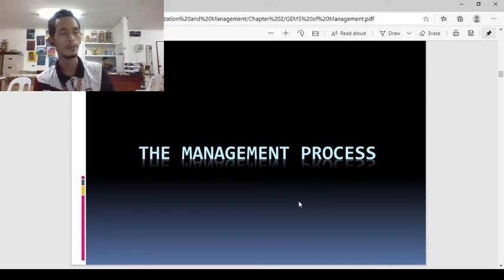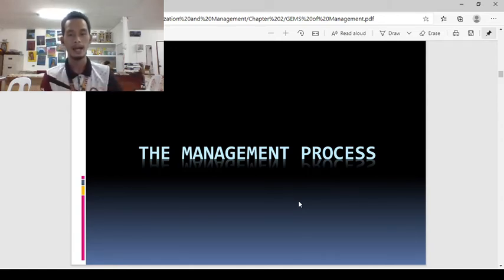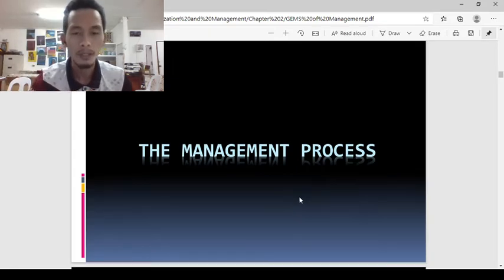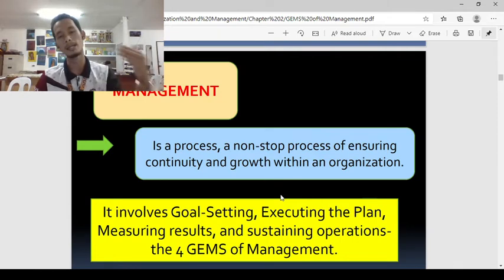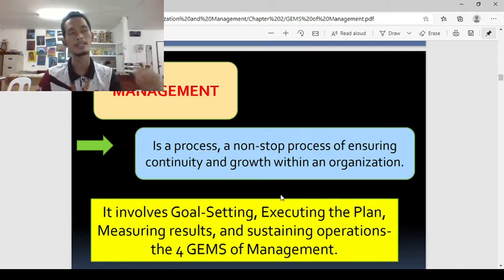In fact, when we talk about goal setting, that talks about planning. When we talk about execution of the plan, we are talking about organizing and staffing, right? As well as leading. Okay, management is a non-stop process of ensuring continuity and growth within an organization. Diba? To manage an organization, pabalik-balik lang. Management practice is a cycle.